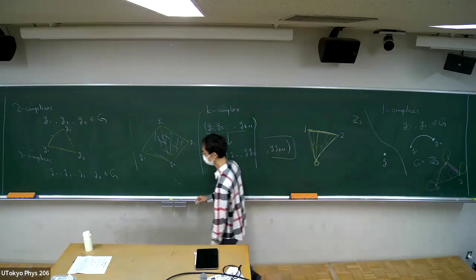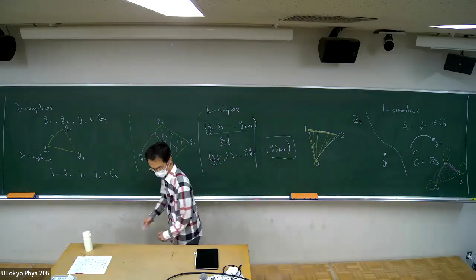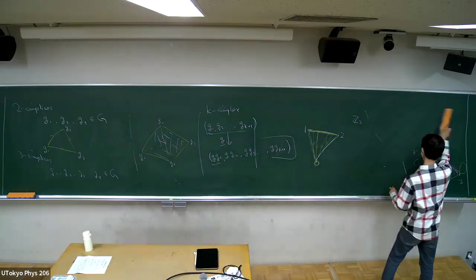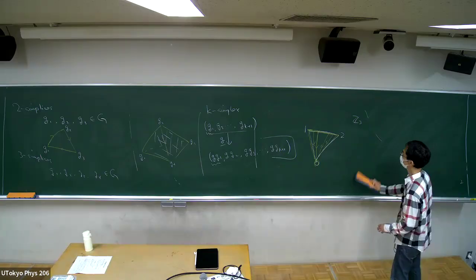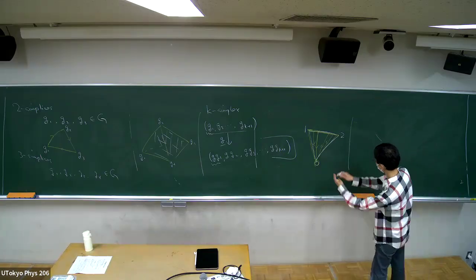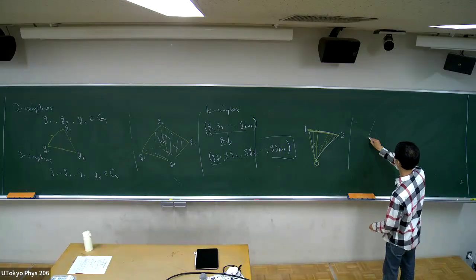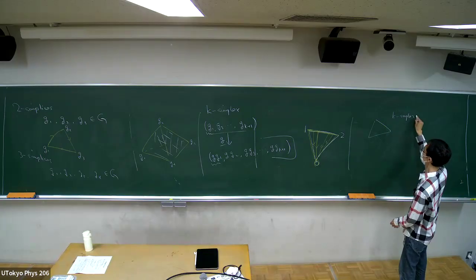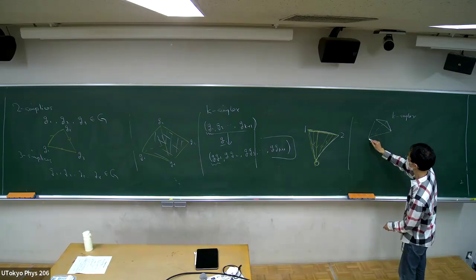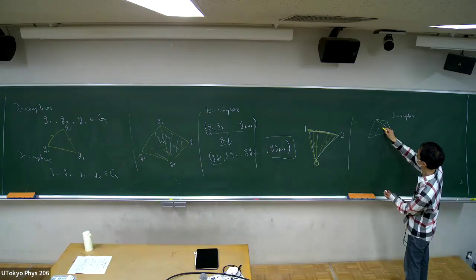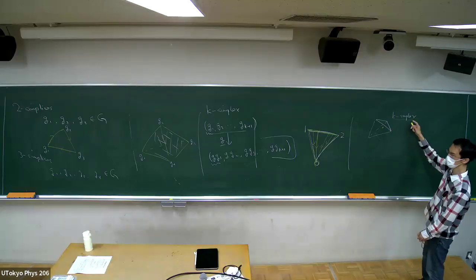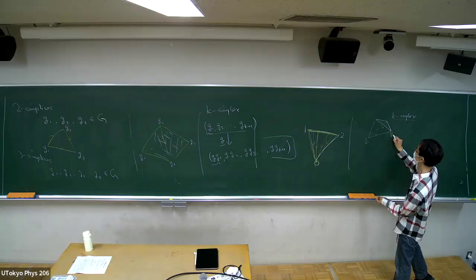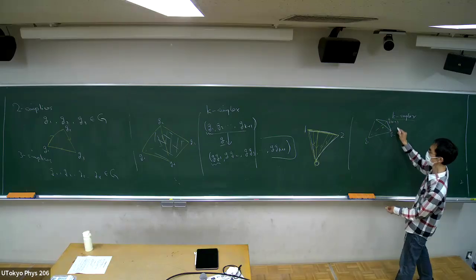So this construction can be generalized in an obvious way to higher dimensions. Because this space EG is constructed step by step, every point is contained in a K-simplex. Whatever point is an interior or on the boundary of a K-simplex, which is labeled by G1, G2, to GK plus 1, right?